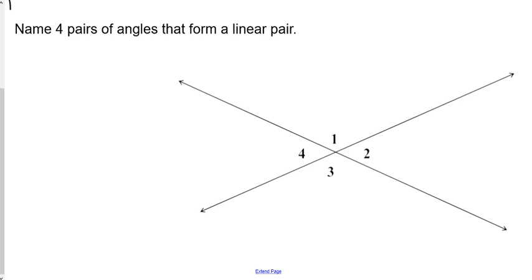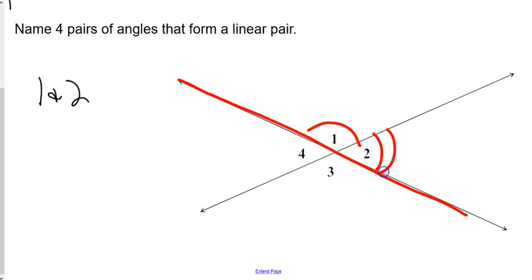So, what form a linear pair? Well, 1 and 2, okay, they form this line right here. So, angle 1 and angle 2, notice they're different sizes. One's acute, one's obtuse there. I could also do 2 and 3. Notice 1 and 3 are equal.